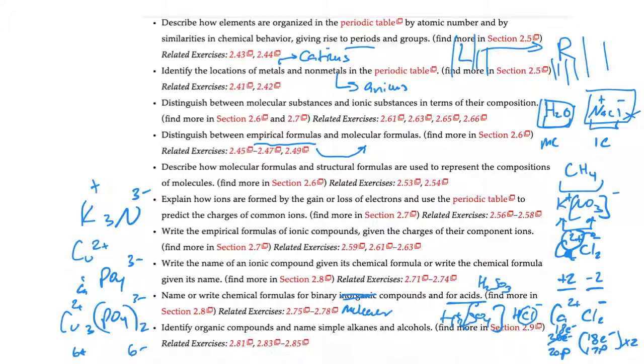Identify organic compounds and name simple alkanes and alcohols. The big thing here would be, say you have 5 carbons, so say you have pentane. So you know you have 5 carbons. So you have CH3, CH2, CH2, CH2, CH3. You could count the hydrogens, I'll let you do that yourself, but it'd be a C5 compound, and you're just adding the proper number of hydrogens to make each carbon have 4 bonds.